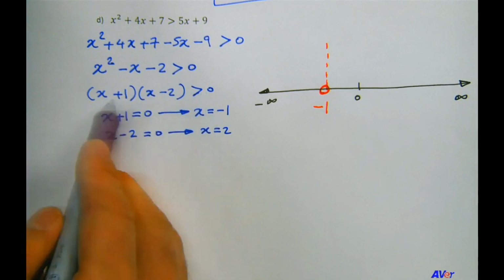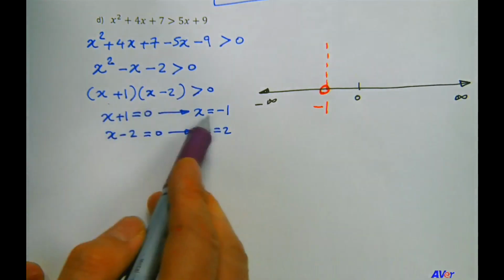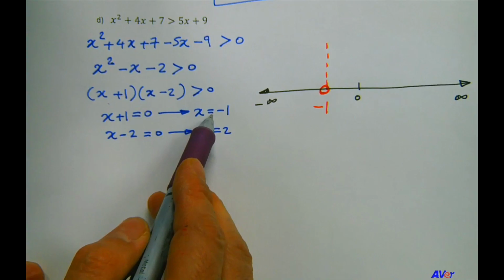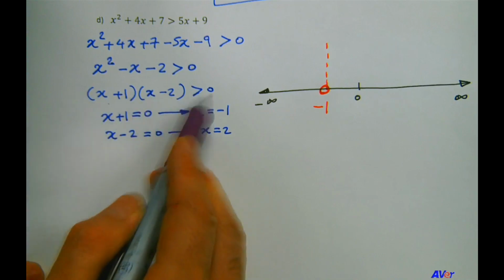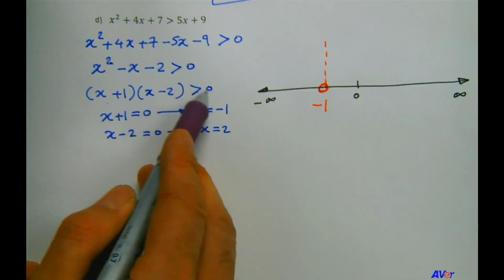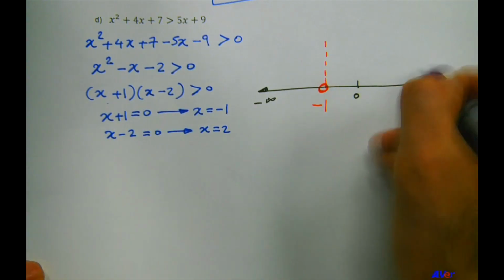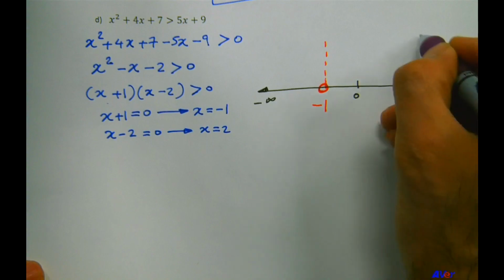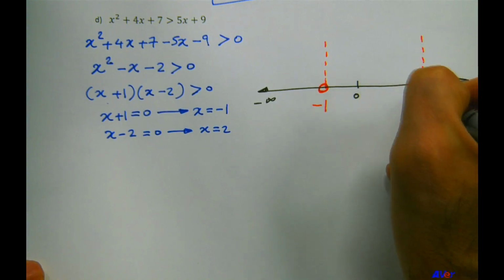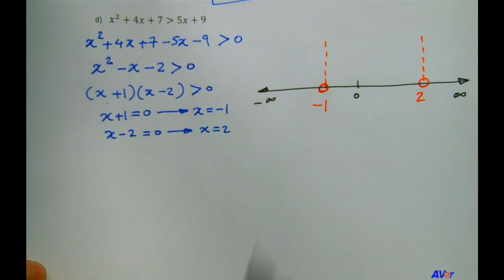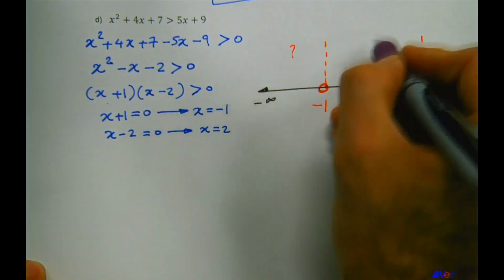And -1 would make this expression 0, but we cannot have x equals -1, because the left cannot be equal to 0. It can be greater than 0, but not equal to it. And then 2, another hollow circle here, like that. So we have 3 regions to check.